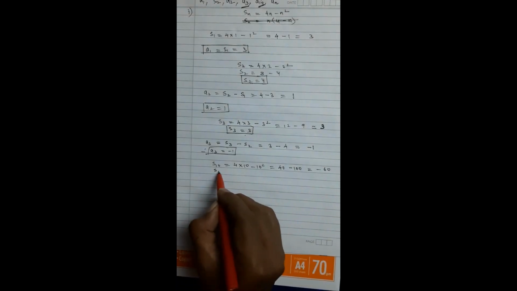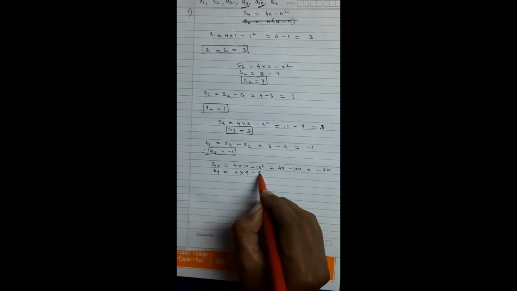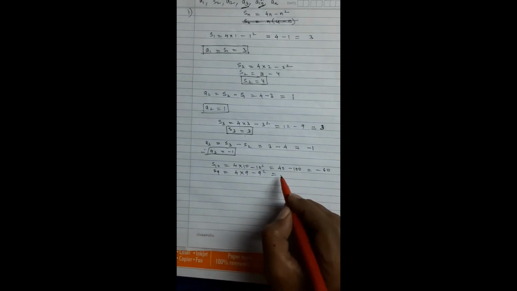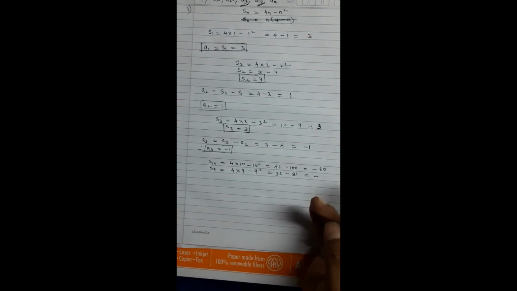S10 will be required and S9 will also be required. 4 into 9 minus 9 square. That will give you 4 9s are 36 minus 81. That will give negative... minus 43, I suppose.